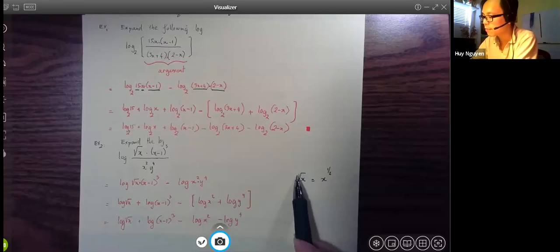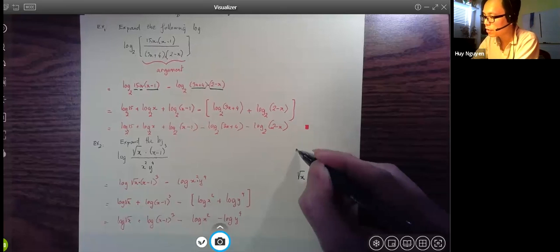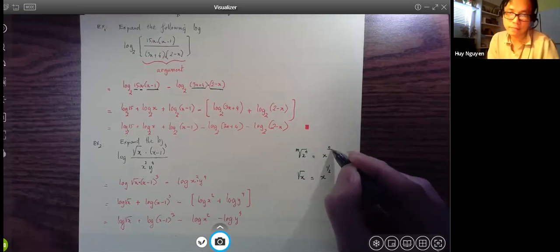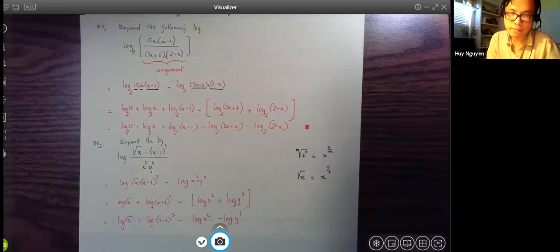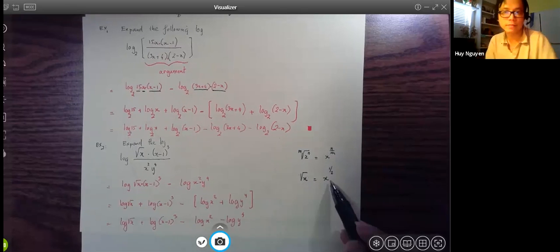This comes from the formula: the m-th root of x to the n is x to the n over m. This is invisible 2, this is invisible 1, so they become 1/2.